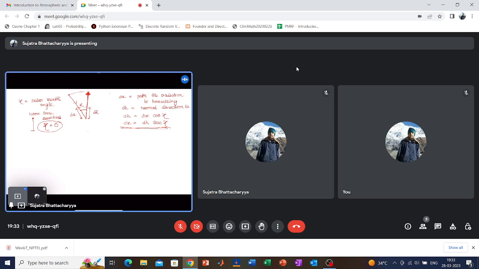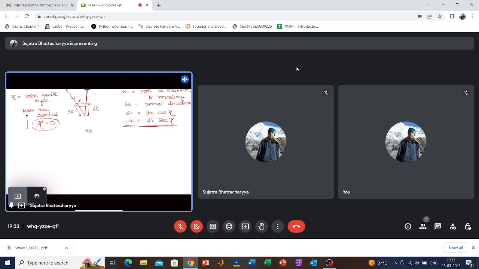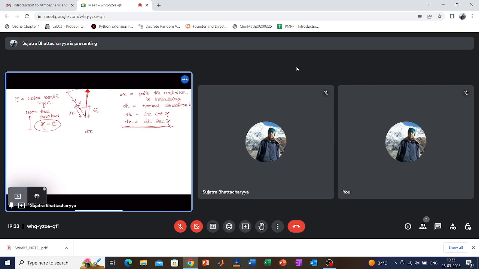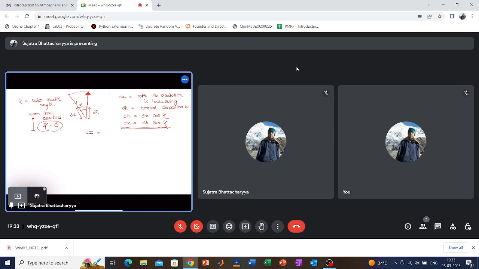Now the intensity change while the radiation is coming through this particular atmosphere, through the ionospheric region, is A dx rho into I. Okay, for the change in the intensity, we will not write the negative sign because it will automatically come in dI based on these values.